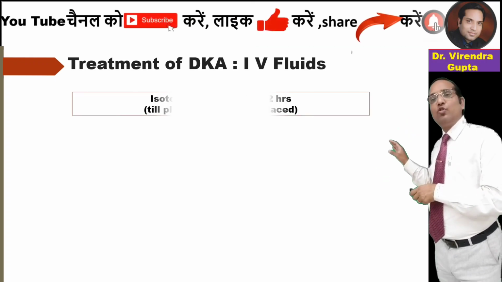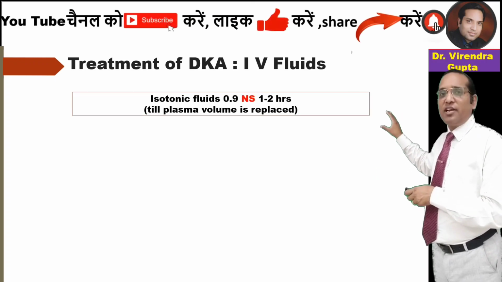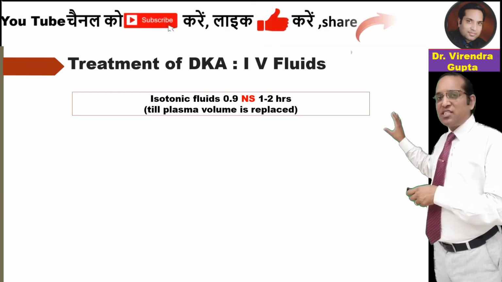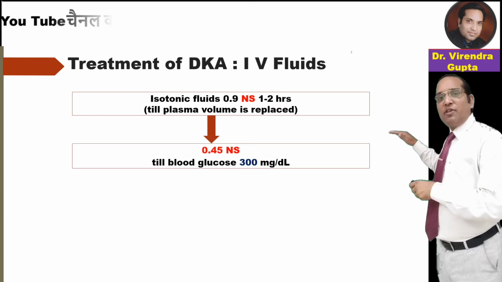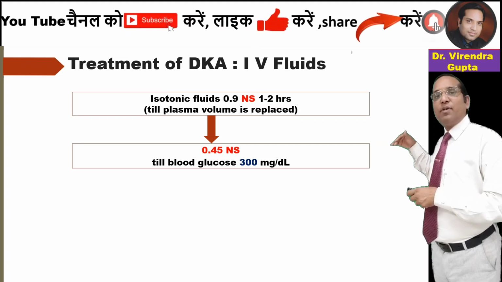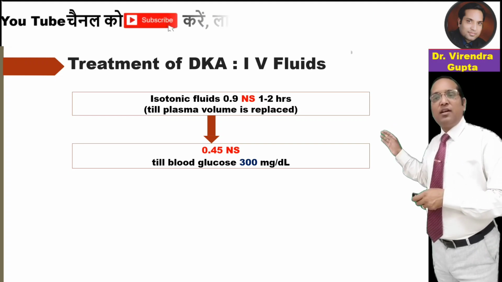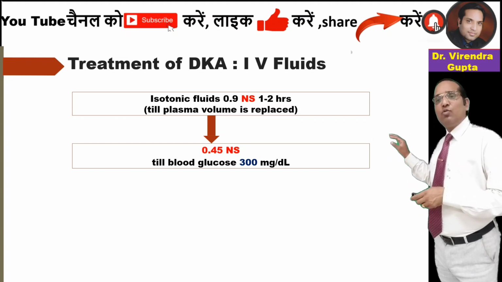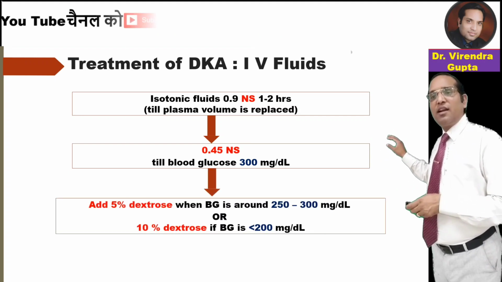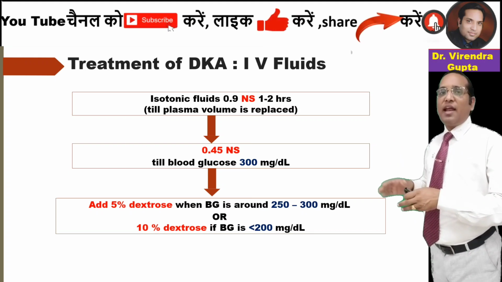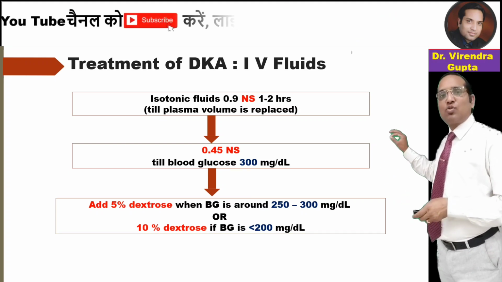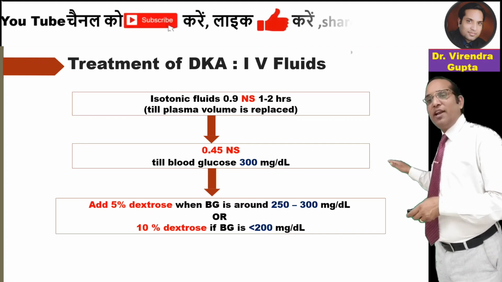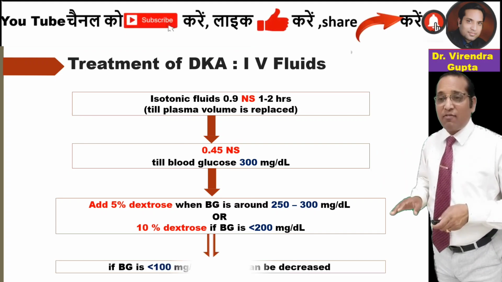The IV fluid is to be started as normal saline, initially 0.9%, 1 to 2 hourly till the plasma volume is replaced, and then shifted to 0.45% normal saline till the blood glucose is 300 milligram per deciliter. When the blood glucose is less than 300 milligram per deciliter, we can add 5% dextrose, and if the blood glucose level is less than 200 or less than 180, 10% dextrose can be given.